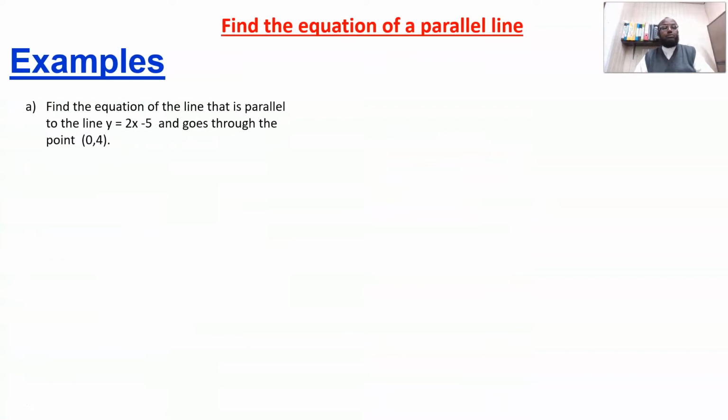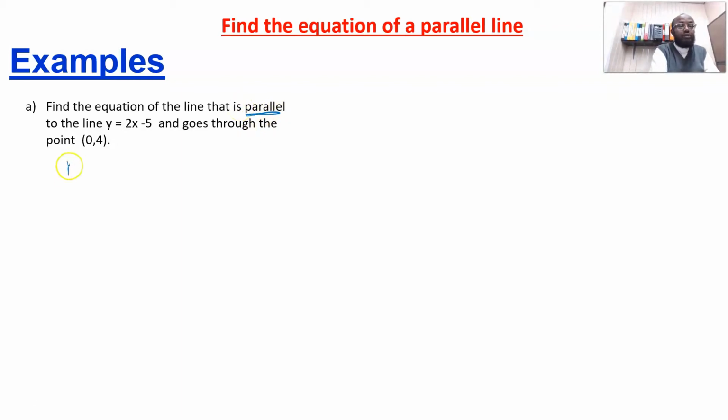Fine. I have here a question for you to try. It says find the equation of the line that's parallel to the line y equals 2x minus 5 and goes through the point (0, 4). Stop the video and try it. Okay, let's do it together. First thing, the equation is parallel to it. That's very important.